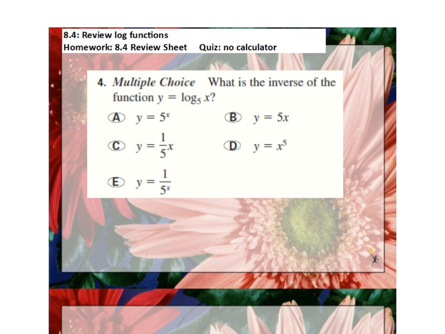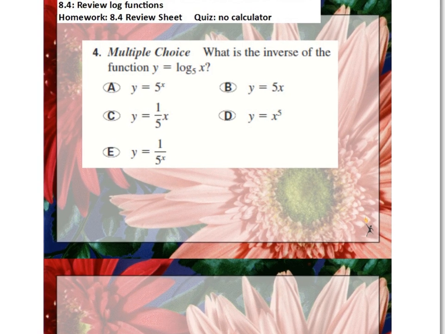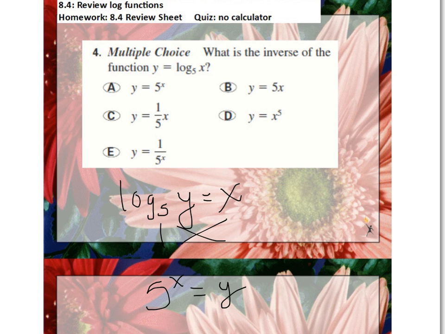Okay, so now we have an inverse question again. Let's switch the x and y. Oh, but I want the log on the left. Now I can Roman numeral 9, so that's 5 to the x equals y, which is A.